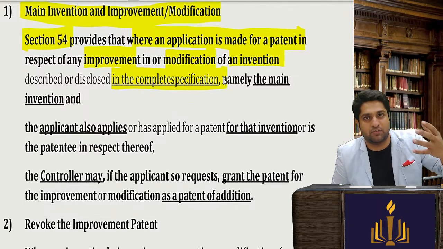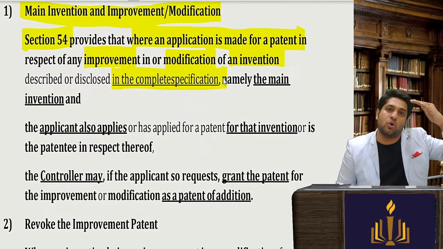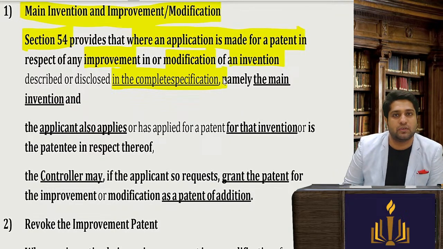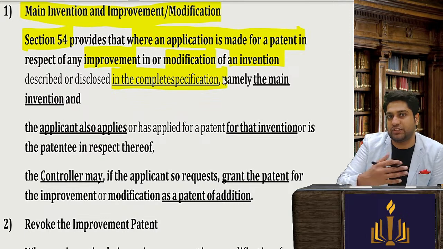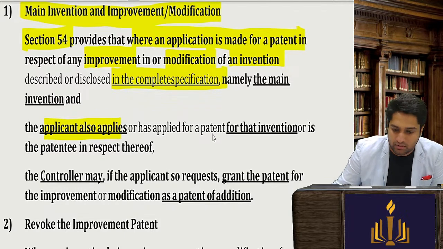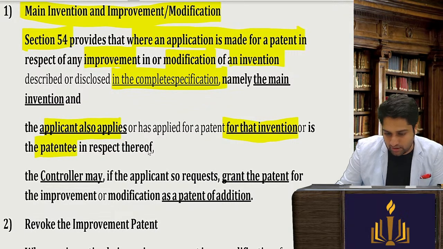So obviously when you got the granting of the original patent, you must have given a complete specification. All the details must have been given. Here also that improvement, modification, complete details have been given.